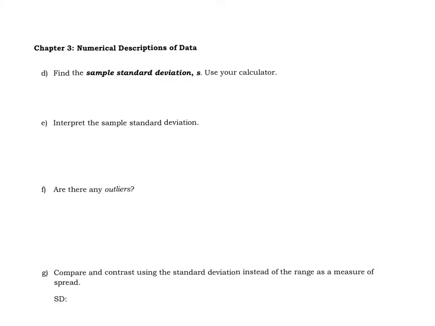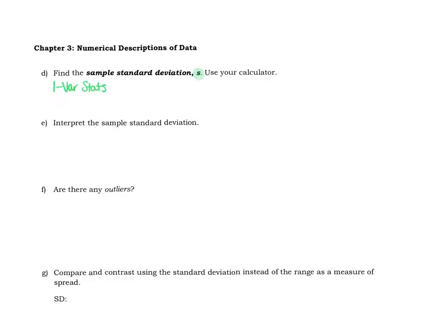All right, find the sample standard deviation. Sample standard deviation uses the lowercase letter s. Population standard deviation uses the sigma. And we're going to use our calculator to do that. You go back to the one variable stats after you put that data in your calculator into L1 or wherever you're going to put it.